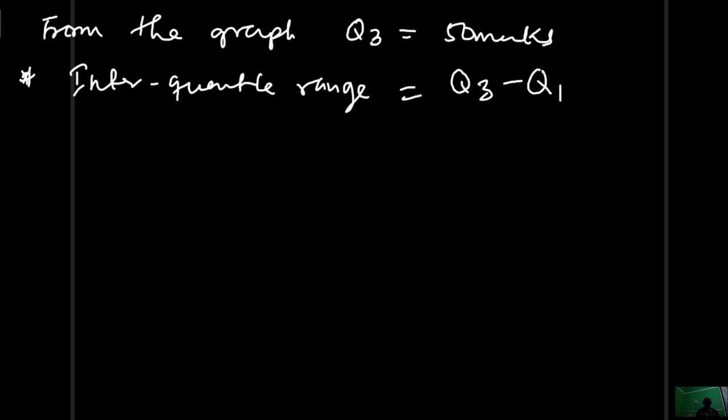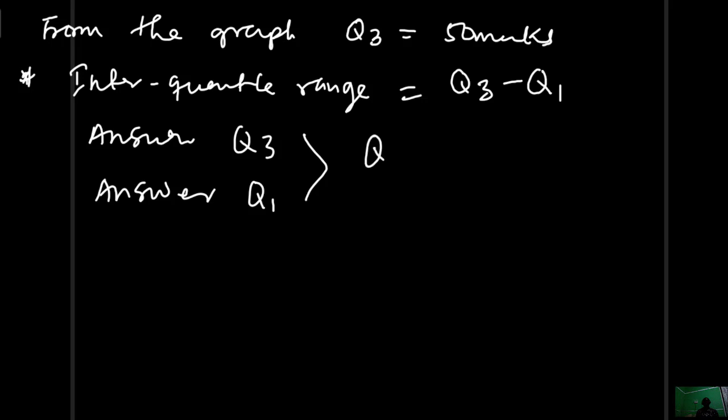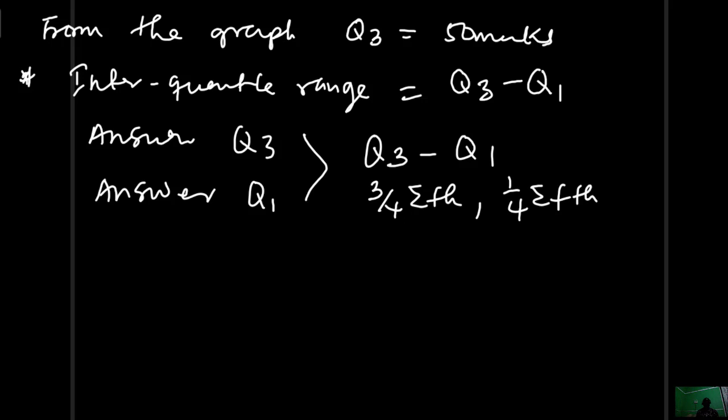So it means you look for the answer for upper quartile, then look for the answer for lower quartile, then the interquartile range will be the answer for upper quartile minus the answer for lower quartile. And note the upper quartile is 3/4 sigma f position. Then look for the answer. Lower quartile is 1/4 sigma f position. Then look for the answer.